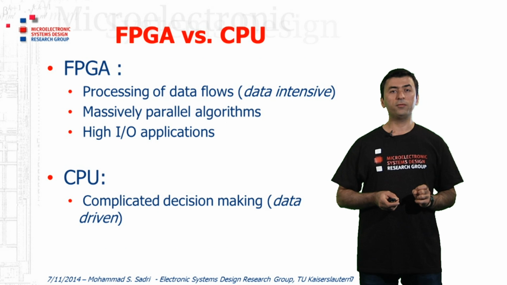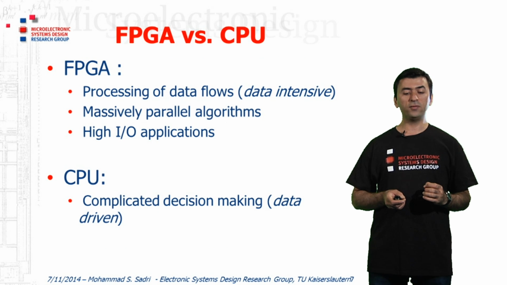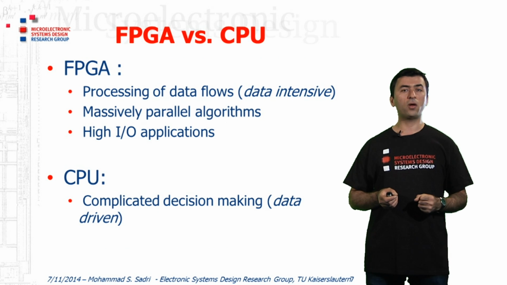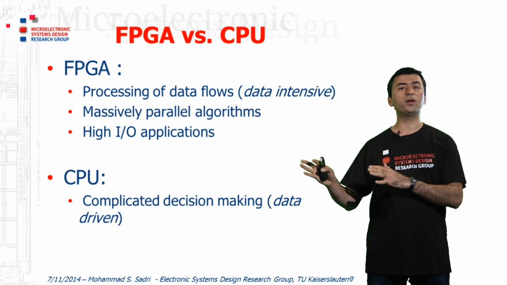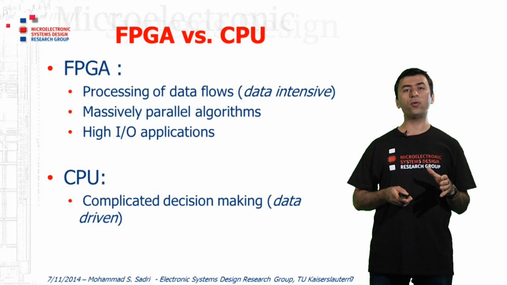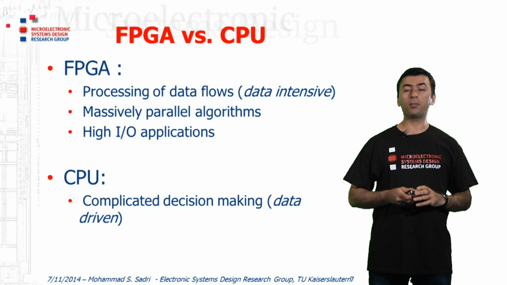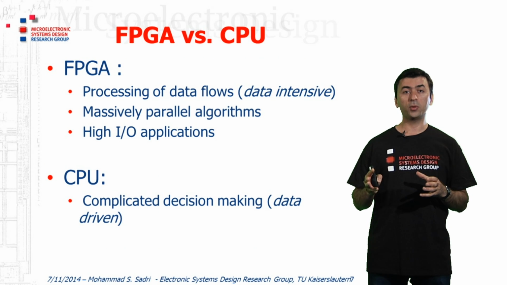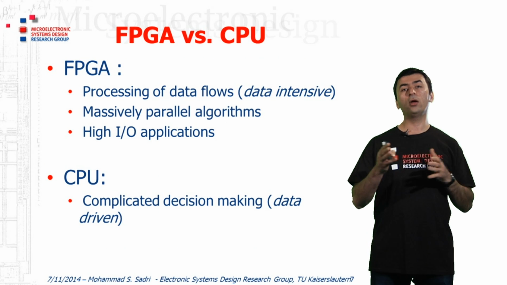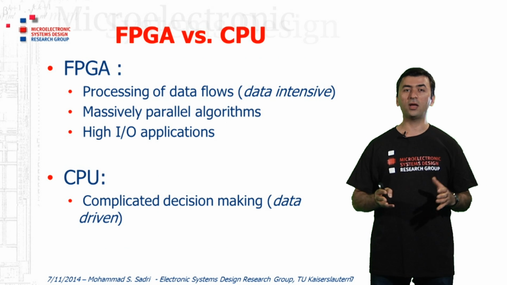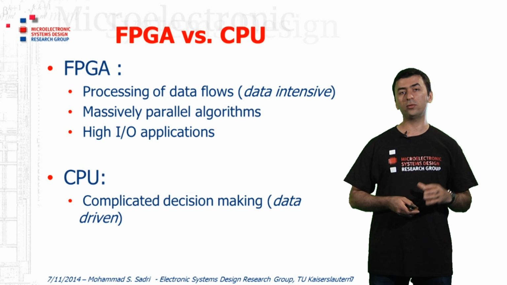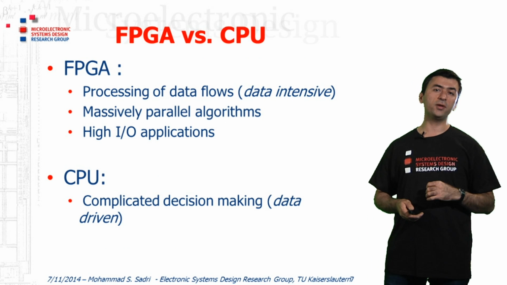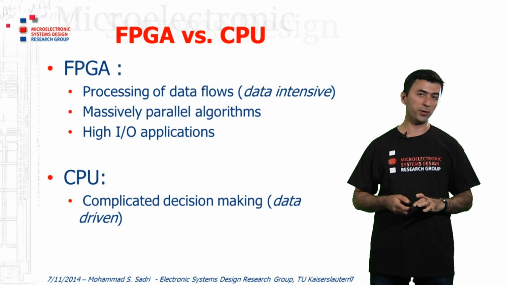For example, when you have an application in which every time that the data arrives, based on the values, you should do a different task, or you should perform complicated decision making, or you should run a complicated algorithm which contains a lot of for loops and if-then-else and this kind of flow control operations, then maybe an FPGA is not really a suitable choice.